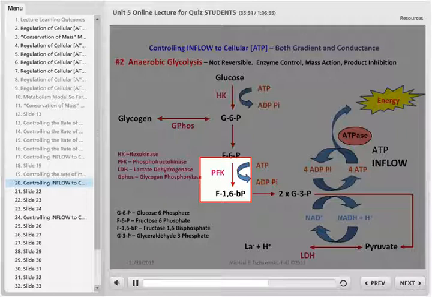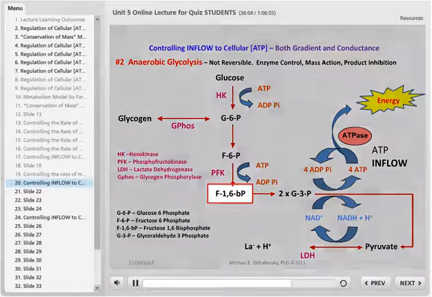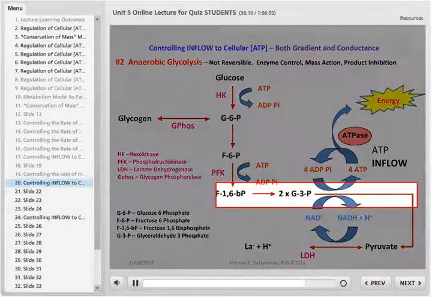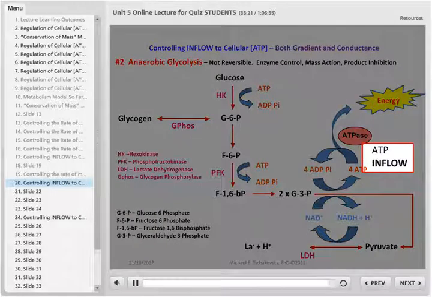And this one also uses the energy from ATP hydrolysis and converts fructose 6-phosphate to fructose 1,6-bisphosphate. And this then is able to continue down the next series of enzymatic reactions, and this is where you have ATP production, and so there's our ATP inflow to the ATP pool.